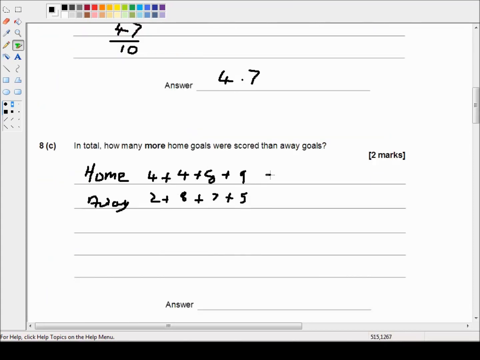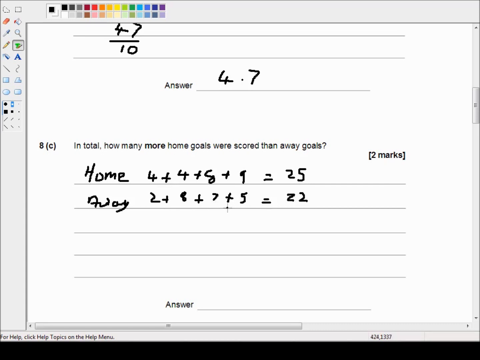Okay, so that's equal to, well, 4 plus 4 is 8. 8 plus 8 is 16. 16 plus 9 is 25. 2 plus 8 is 10. 10 plus 7 is 17. 17 plus 5 is 22.